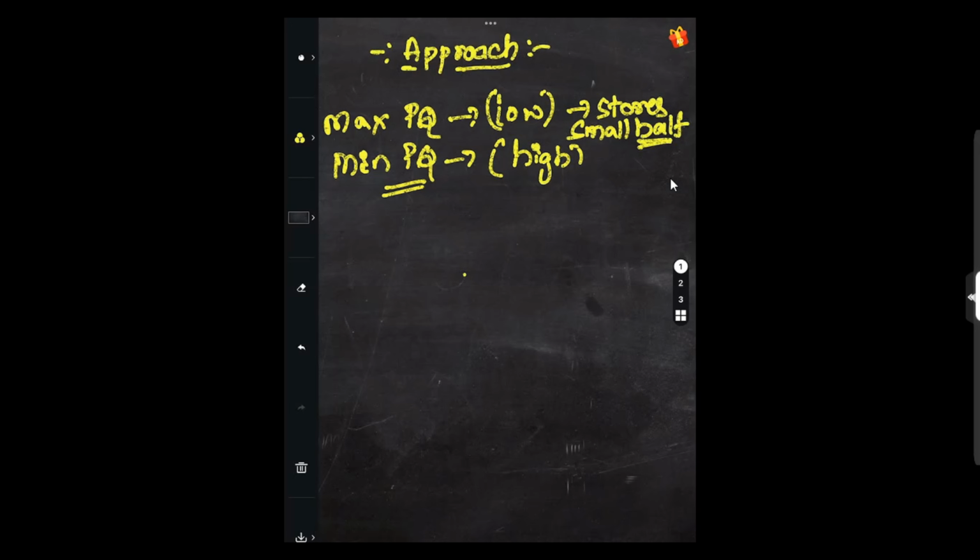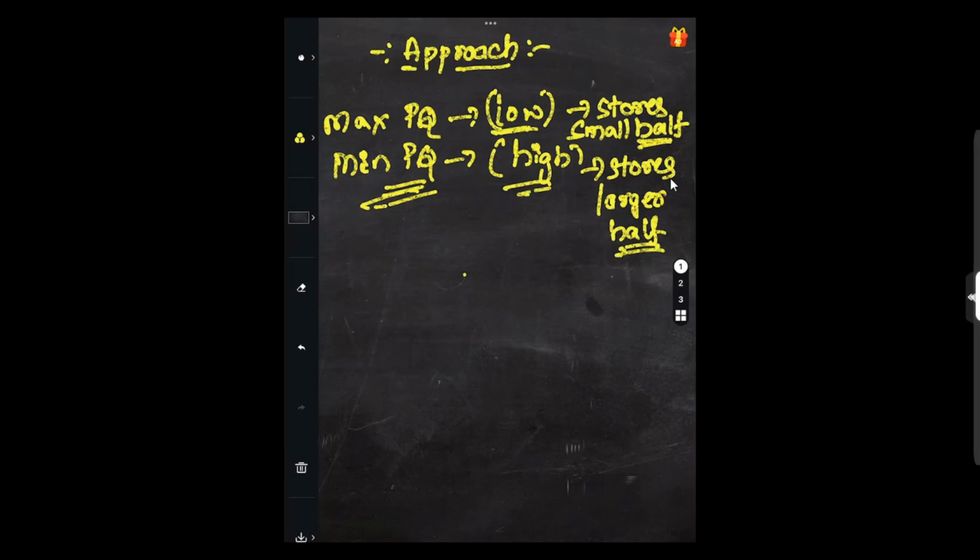The min heap stores the larger half, and in the min priority queue the minimum element will always be on the top. So we are going with max and min priority queues.